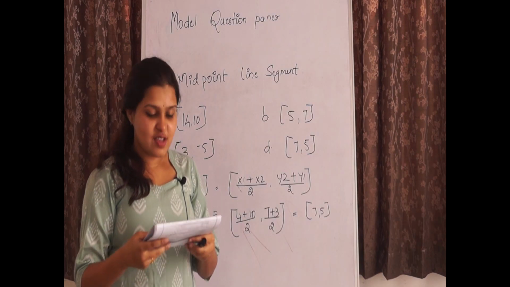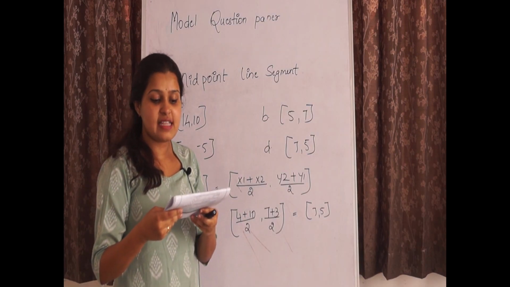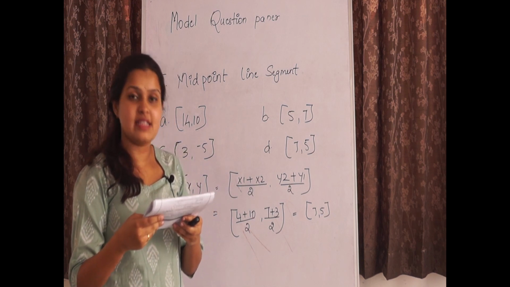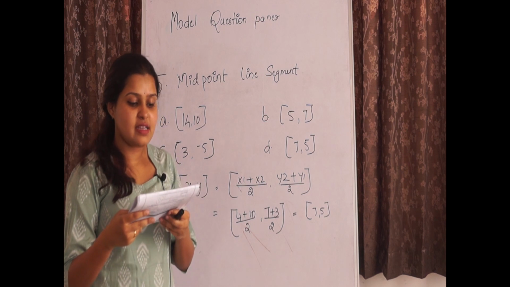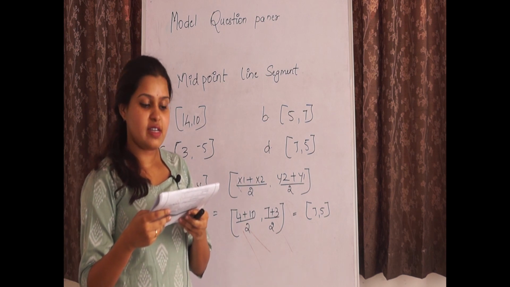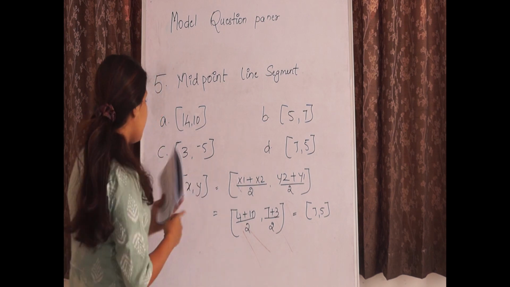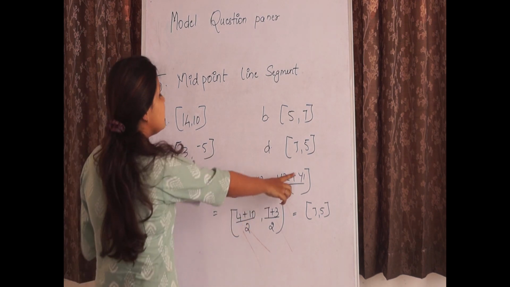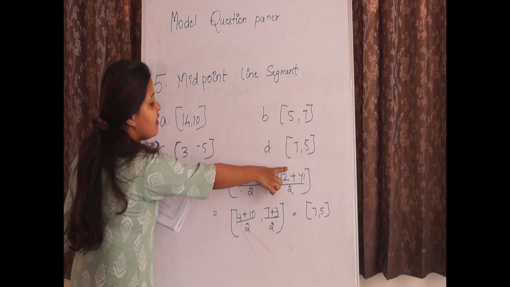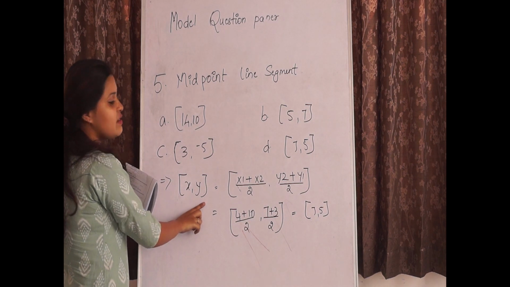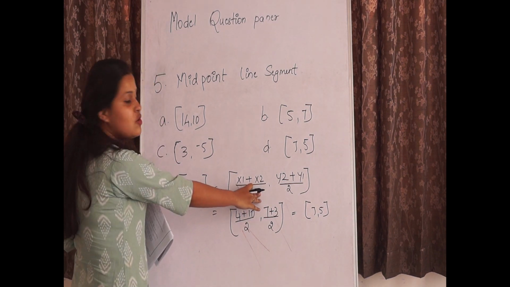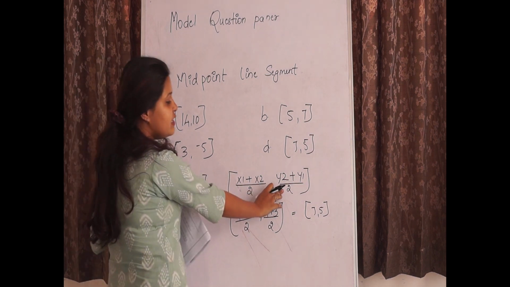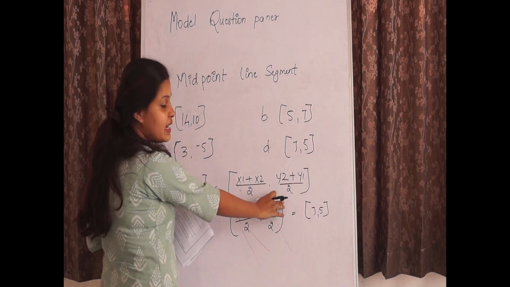The coordinates of the midpoint of the line segment joining the points P of 4, 7 and Q of 10, 3 are option D, that is 7 and 5. How? x and y is equal to x1 plus x2 by 2, y1 plus y2 by 2.